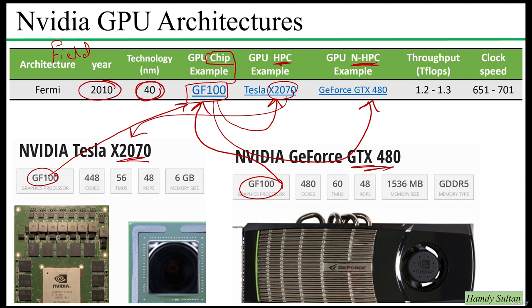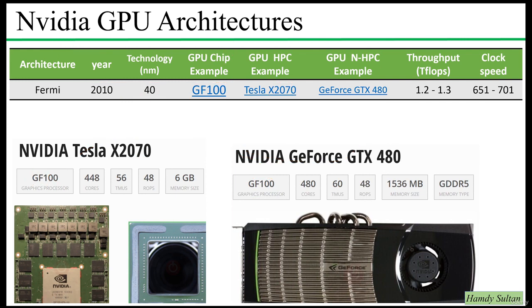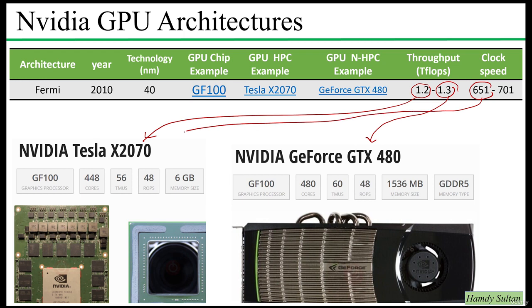In terms of performance metrics, these two GPUs could achieve a throughput of 1.2 and 1.3 teraflops with a clock speed of 655 and 701 MHz respectively.